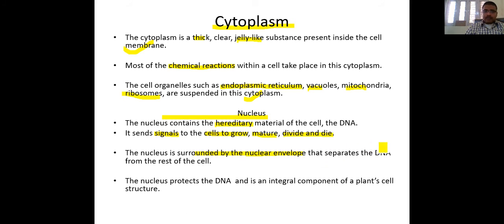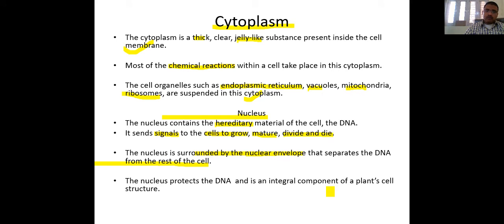The nuclear envelope is a kind of wall which separates the DNA inside the nucleus from the rest of the cell. The nucleus protects the DNA and is an internal component of the plant cell.